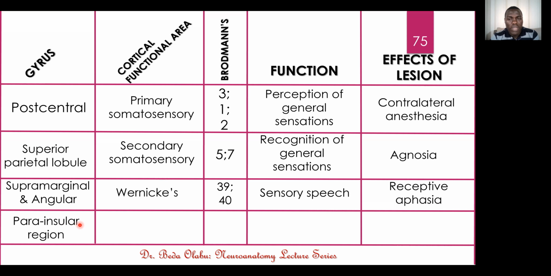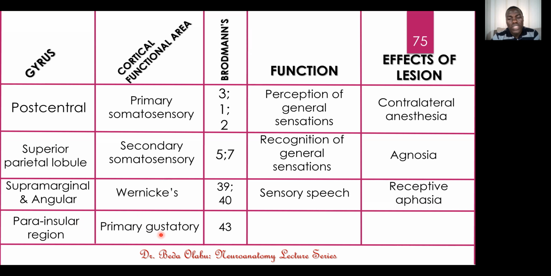Well, the term parainsular does not really limit us to the parietal cortex, but we are talking about parietal cortex at this point. So the regions of the parietal cortex adjacent to the insular region is what we call the parainsular region.